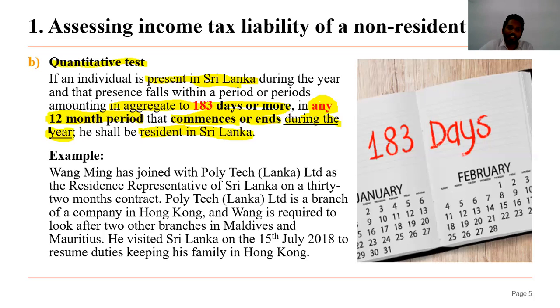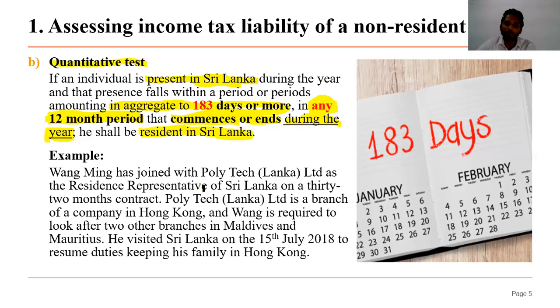Otherwise I would need to take two examples. So here I will explain this one quickly with the example. One of my clients joined Polytech Lanka Limited as a resident representative of Sri Lanka on a 32-month contract, right?